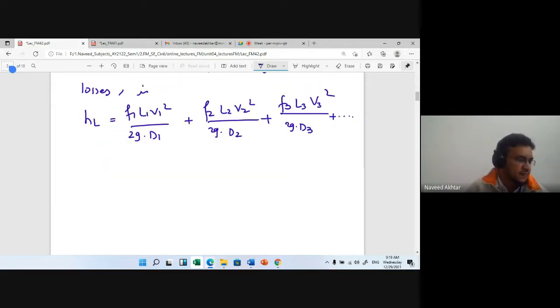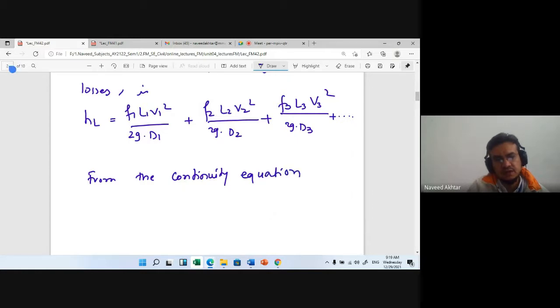Now we know from the continuity equation that Q is equal to A1 V1 is equal to A2 V2 is equal to A3 V3.